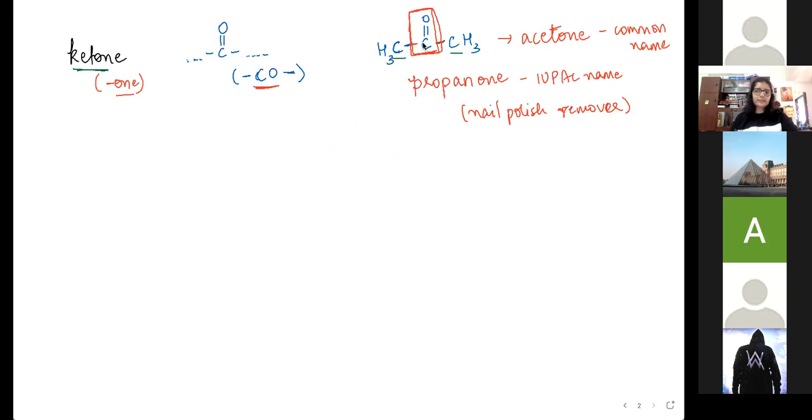That way it will be less confusing and clearer. So you can directly see a ketone here, C double bond O. Then the last one in this series is carboxylic acid.